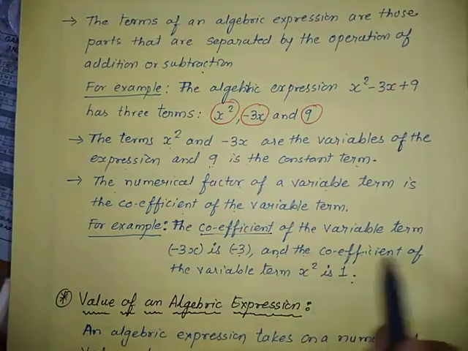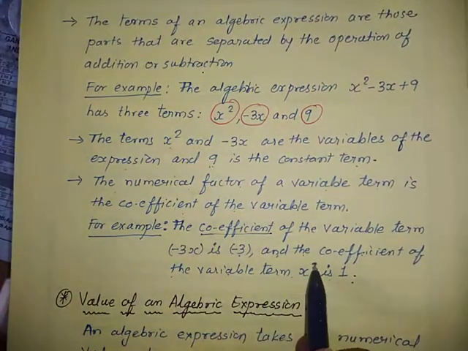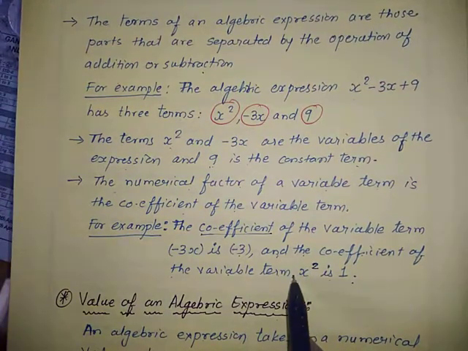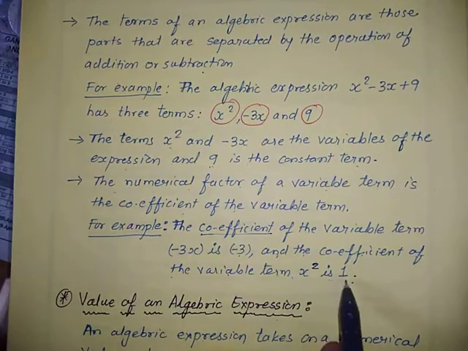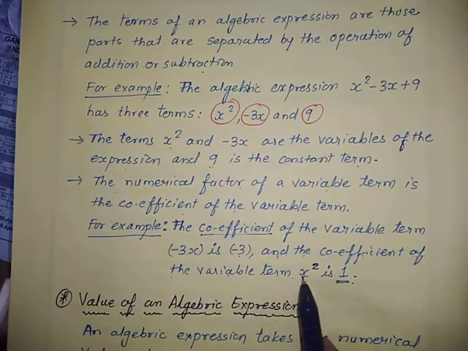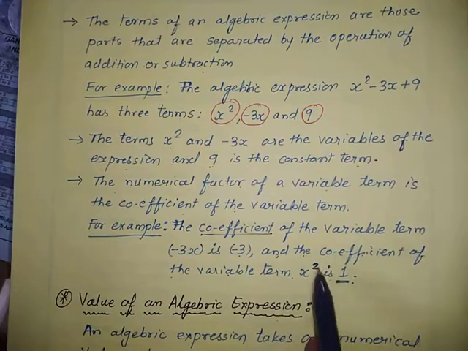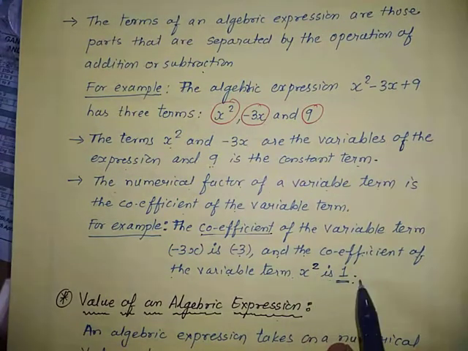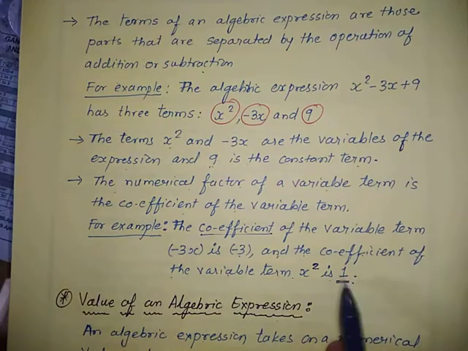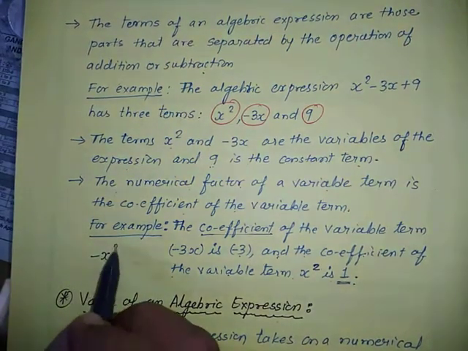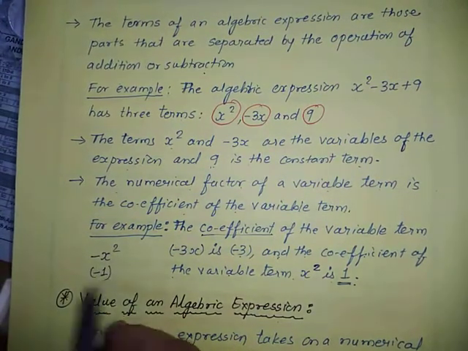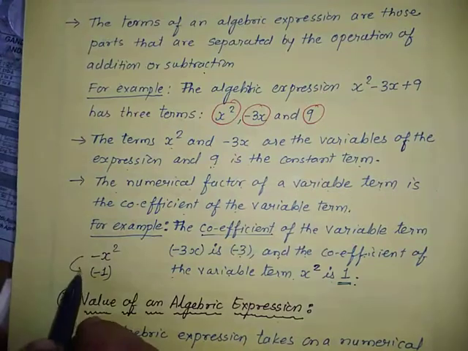For the variable term x square, where nothing is given, only x square, no fixed constant number, it means the coefficient is 1. So wherever a variable term is not given with any coefficient, it means it is 1. If suppose minus x square, its coefficient will be minus 1. Concept clear?